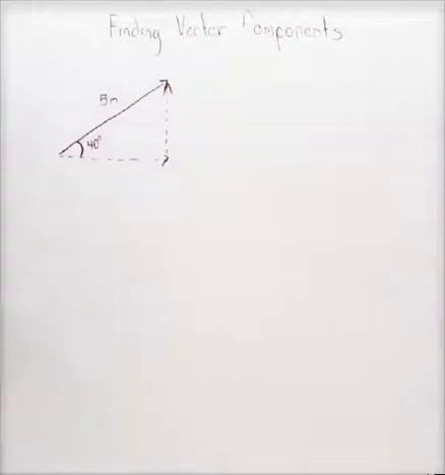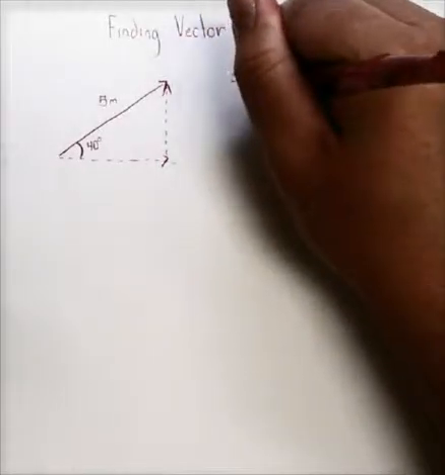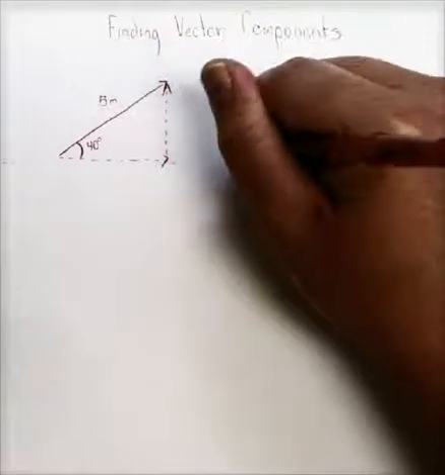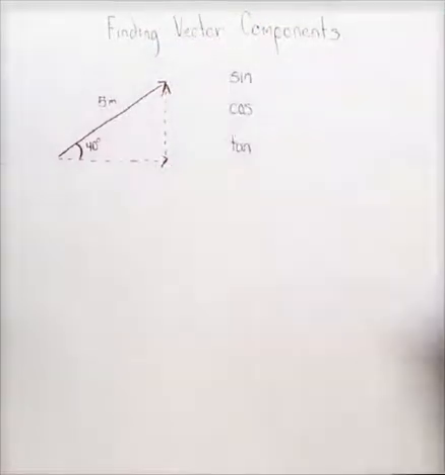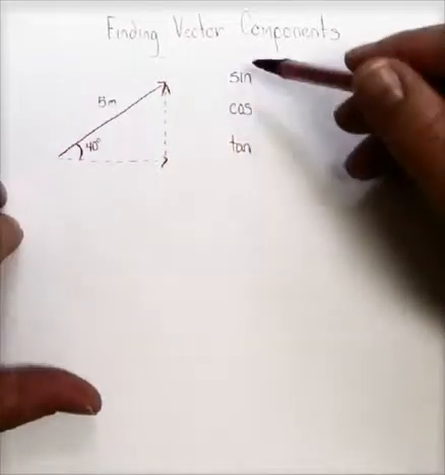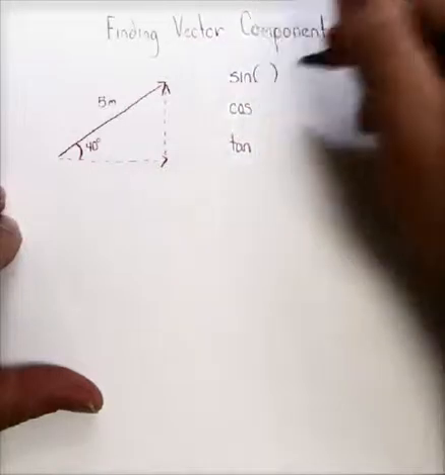There are 3 functions that you're going to have to know very well: the sine function, the cosine function, and the tangent function. What these do is, it's just a function, so you put in some number and it does stuff to that number.